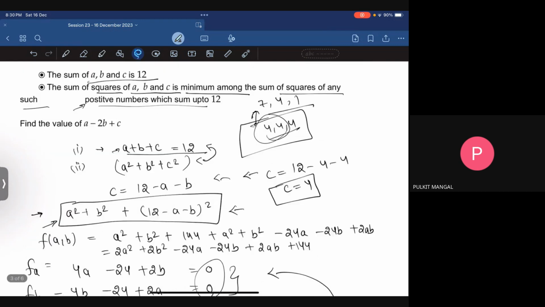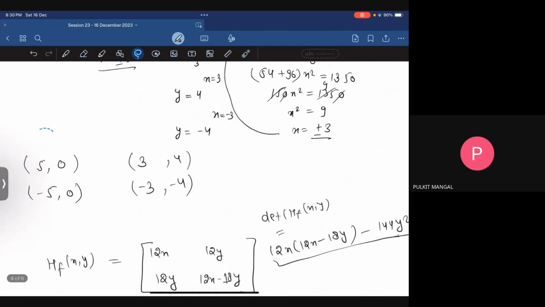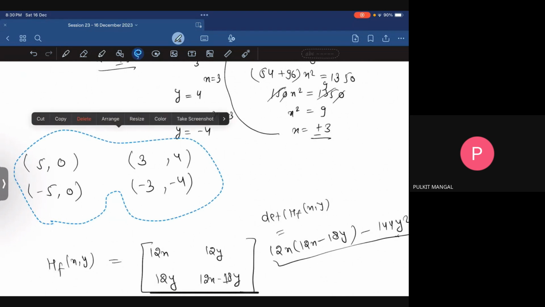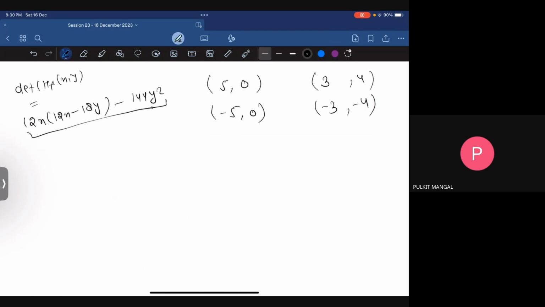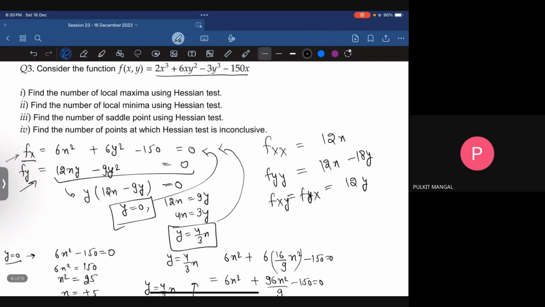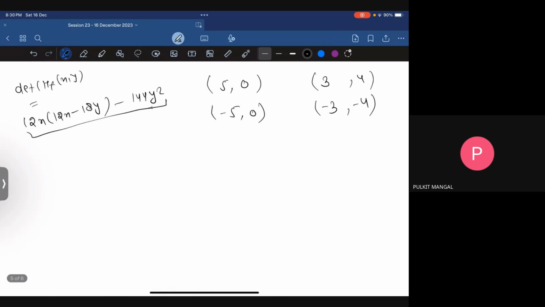The four critical points that we got were these, and our fxx was 12x. So all we need to do is put these values in these two equations and check.